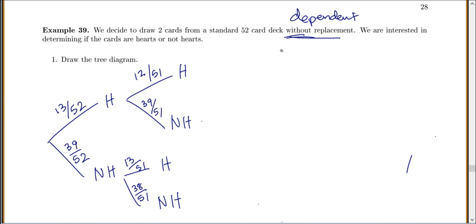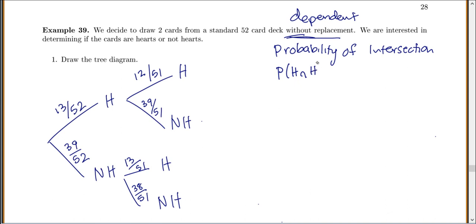Okay. Then you come over here to find the probability of intersection. And to find the probability of the intersection, again, it's really easy. All you have to do is multiply along the branches. So if I want the probability of a heart and a heart, I multiply along, so it'd be 13 out of 52 times 12 out of 51, which is 0.0588.